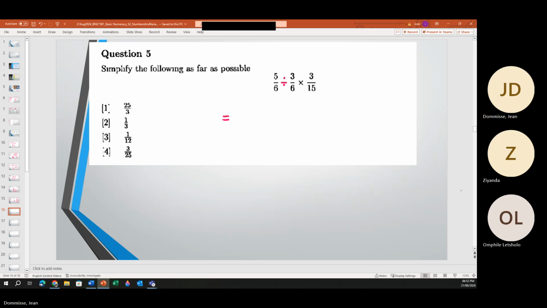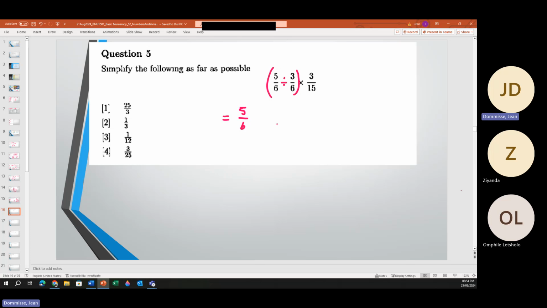Okay, so the first thing that we need to remember when we look at numbers and fractions is that the first thing that we do is we divide by 3/6. So we can put in brackets if we want to. You don't need to. But what that means is if we look at something like 5/6 divided by 3/6, it's very difficult to work that out.